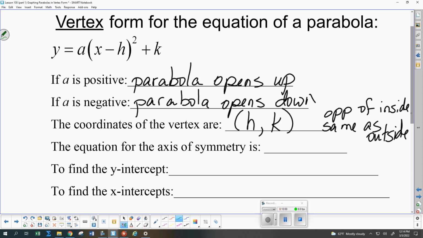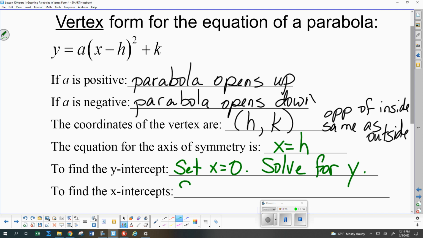So we've just noticed that the axis of symmetry would have to be x equals whatever the x coordinate of the vertex is. And we know from other problems when we find the y-intercept, we set x equal to 0 because it has to be 0 comma something, and then we solve for y.